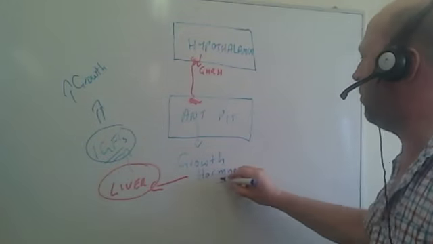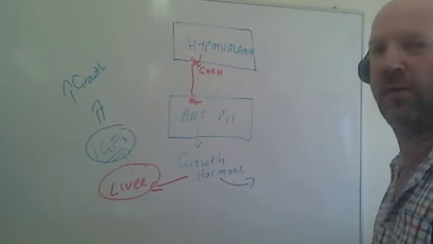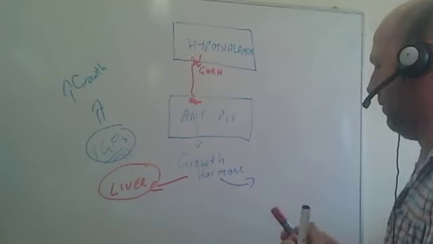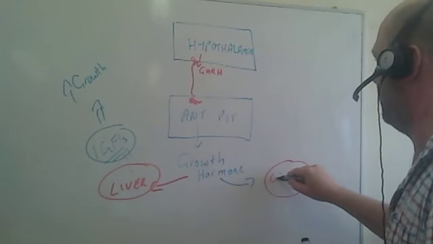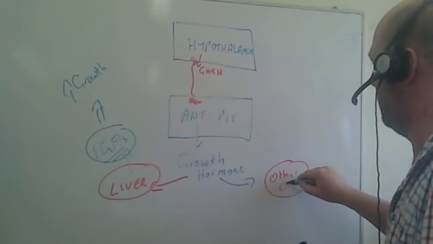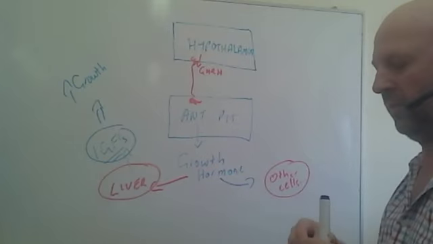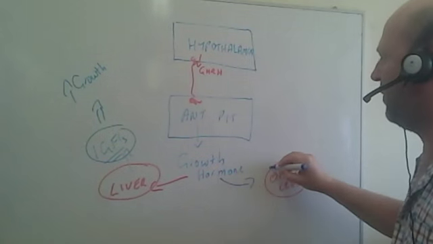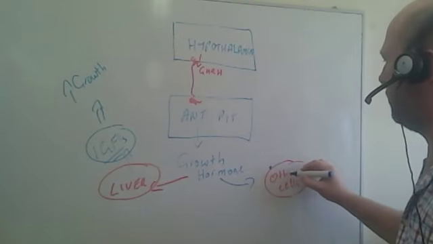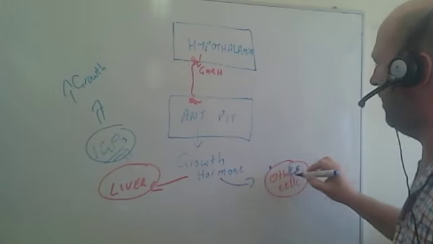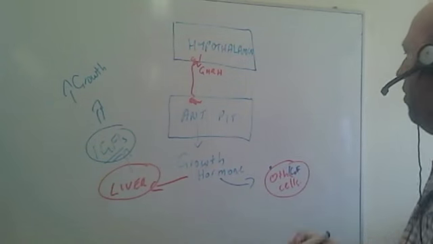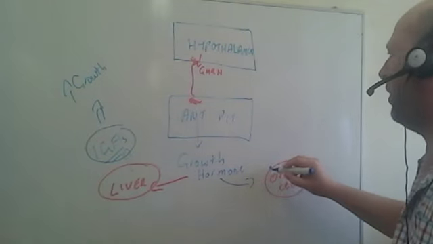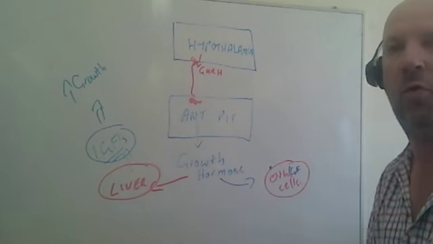As well as that, growth hormone will go to other cells within the body. So let's just make it easy and call them other cells. And at these other cells, two things can happen. The growth hormone can bind to its receptor, and it can cause those other cells to produce their own IGFs that work within the cell, or the growth hormone will bind to it and then cause growth hormone type effects.